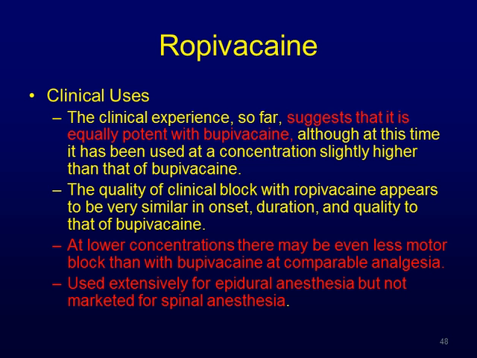So if I'm using 0.1% Bupivacaine and I'm using 0.1% Ropivacaine, which drug, according to what I just said, do you expect to have more motor block? Bupivacaine. I would expect those kind of questions.